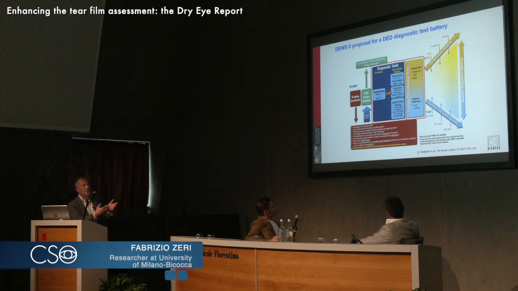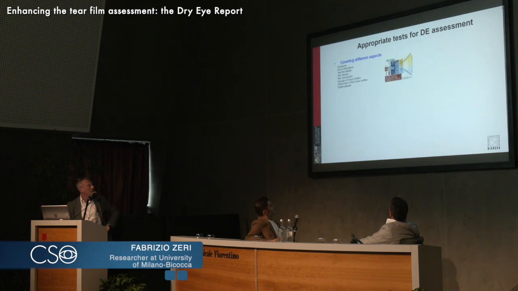And also, we need to classify the problem. So there are lots of tests that can be done to make a proper diagnosis, and also to try to understand which kind of subtypes of classification of dry eye disease we are dealing with.